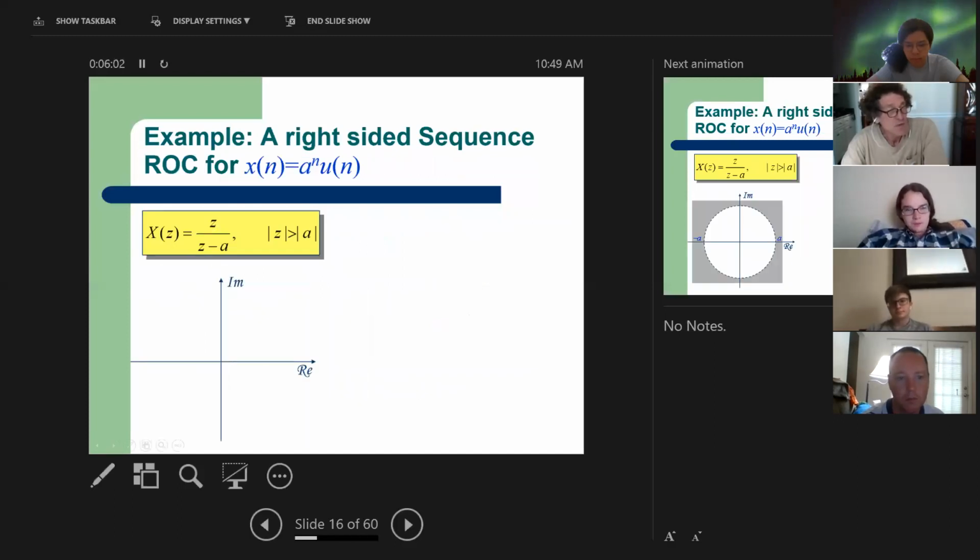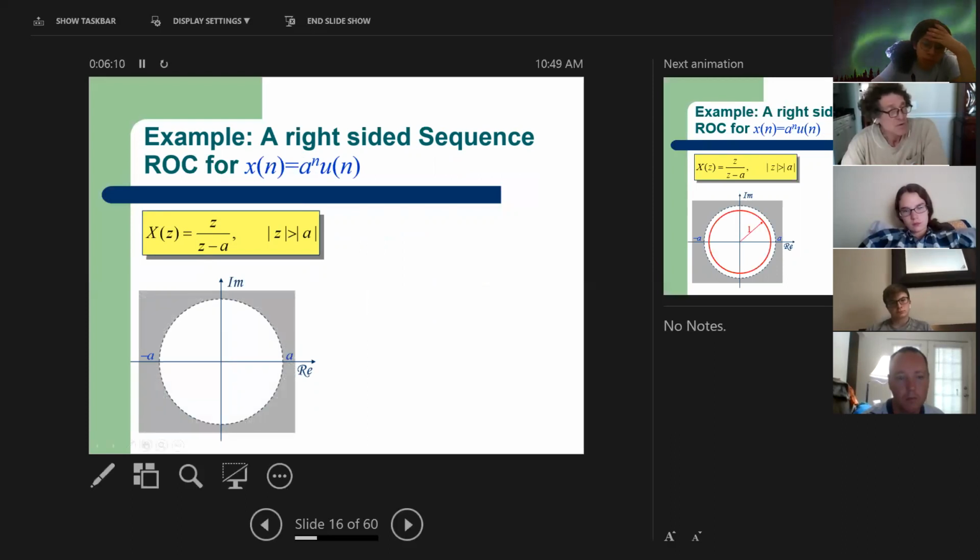It means its values x of n are non-zero for n greater than or equal to 0. There's also the region of convergence here. If we have z over z minus a, take a look at this for a second. What values of z in the original series would make that convergent? Remember, we had a to the n u of n right here.